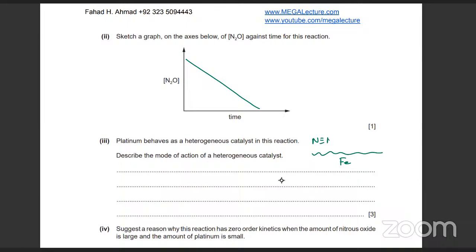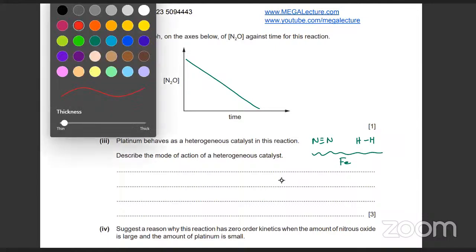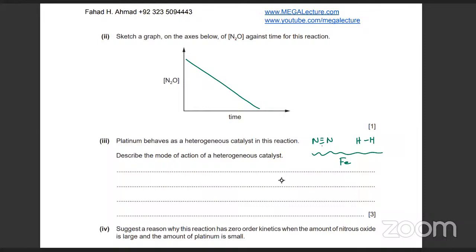What happens is that the first step is adsorption. What happens in adsorption is that when the reactant molecules come close to the catalyst, it starts attracting the electrons in the bonds, and the catalyst weakly bonds with them. That step is known as adsorption.